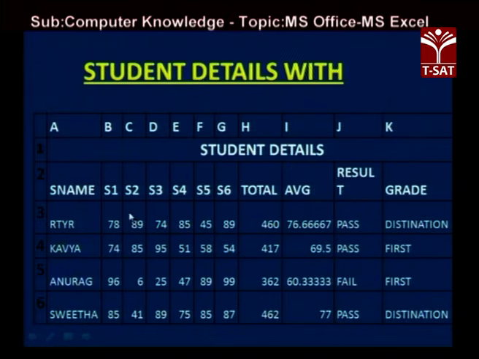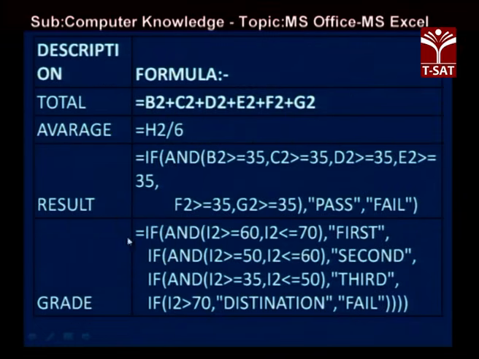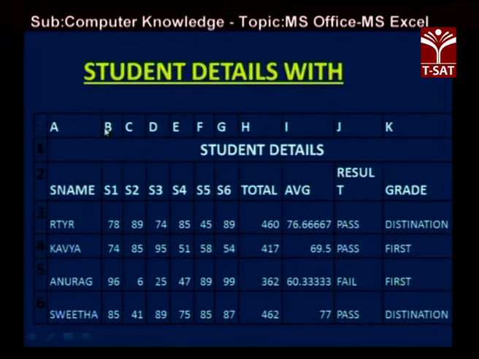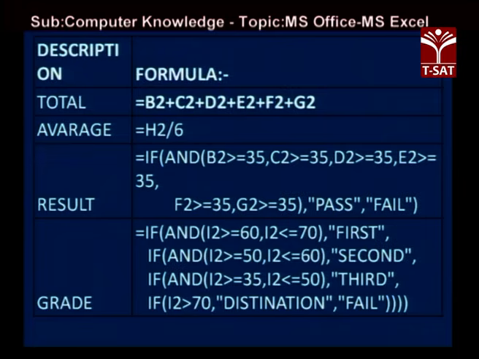So, based on horizontal and vertical, we calculate the total of the student's subjects. The total of the subjects starts with B2 and ends with G2. Using the shortcut key it is very simple, but at basic level you have to do it the practical way: B2 plus C2 plus D2 plus E2 plus F2 plus G2. This is the shortcut key.